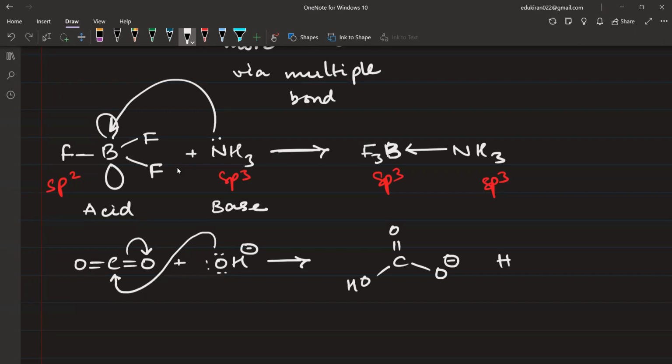So this is HCO3 negative. Okay. So this is acting as an acid. This is acting as a base. Lewis acid and Lewis base to be specific. Is everything clear till here? Yes or no? Please tell me.